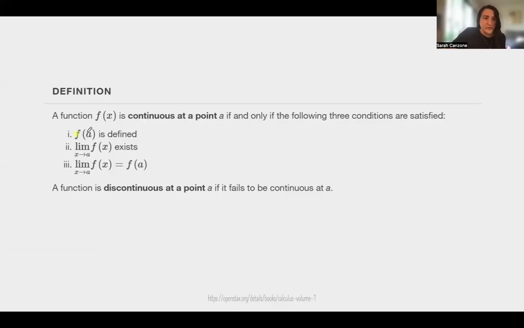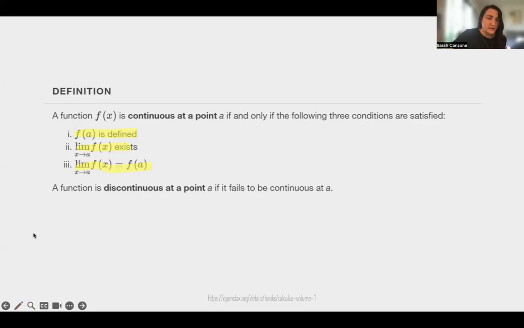First, the point must be defined, which feels pretty obvious. There must be a point in order to be continuous at a point. Second, the limit at that point has to exist. And third, the limit at that point has to be the point that we have. If any of these three things is not satisfied, then we are discontinuous.